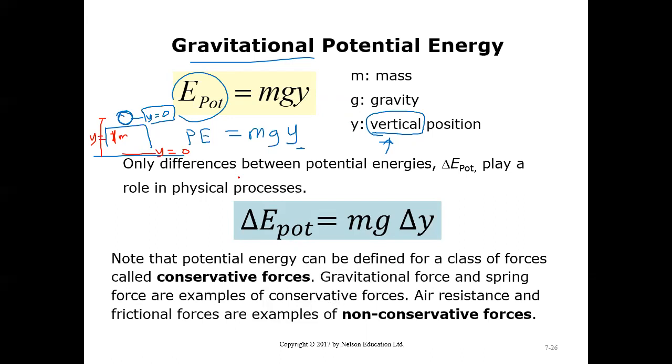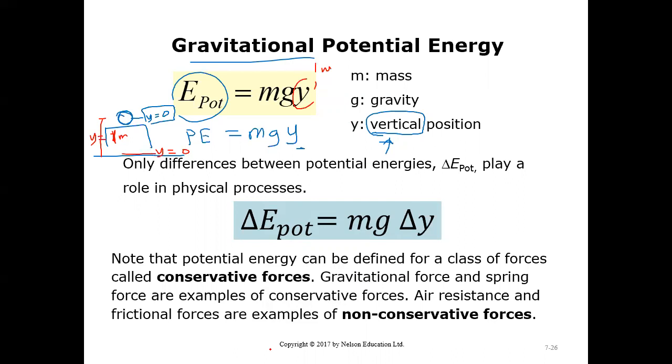Because I need to put the y value, only the vertical coordinate, so we need to define where y equal to 0 is. It is arbitrary. It's up to the person who is doing it. One person will say, I'm going to put it on the surface of the Earth, then his y will be, say, 1 meter. But if you choose y equal to 0 at the level of the object itself, then the potential energy will be 0. So it's up to you.